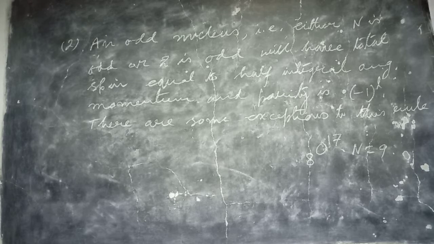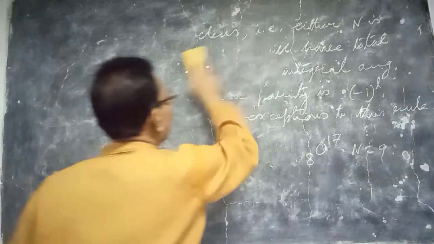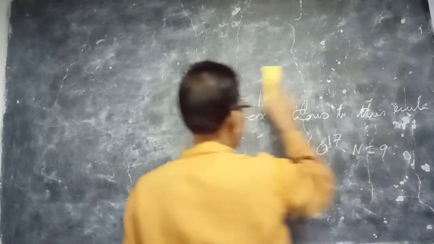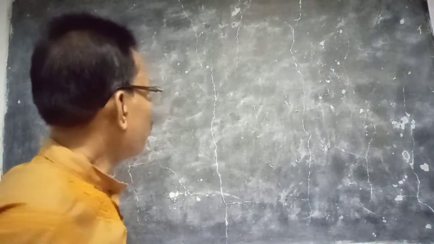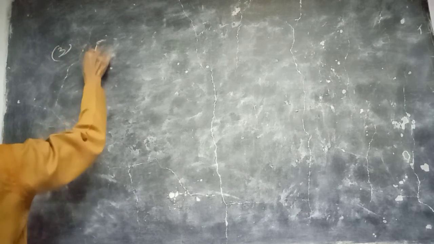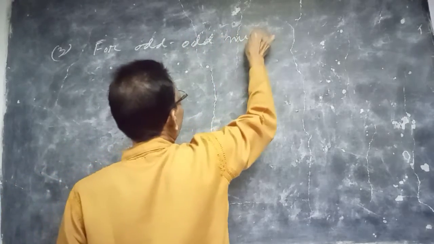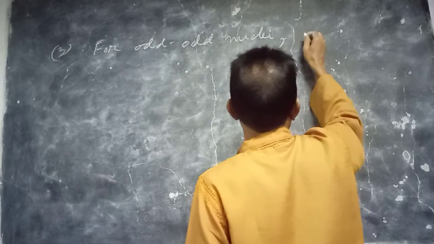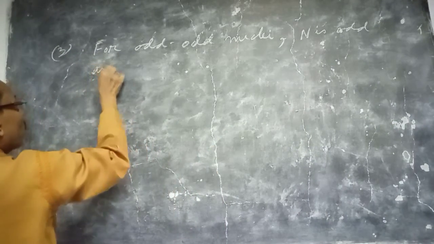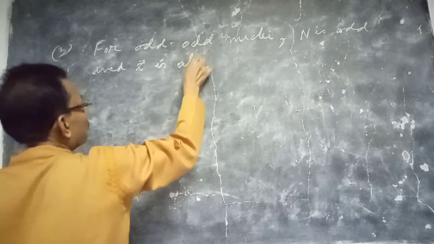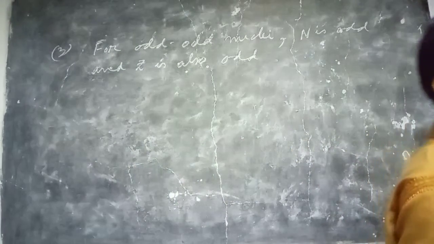Now, for odd-odd nuclei, where both the neutron and the proton numbers are odd, that is, N is odd and Z is also odd, in that case the ground state spin will be the vector sum of the two unpaired nucleons.